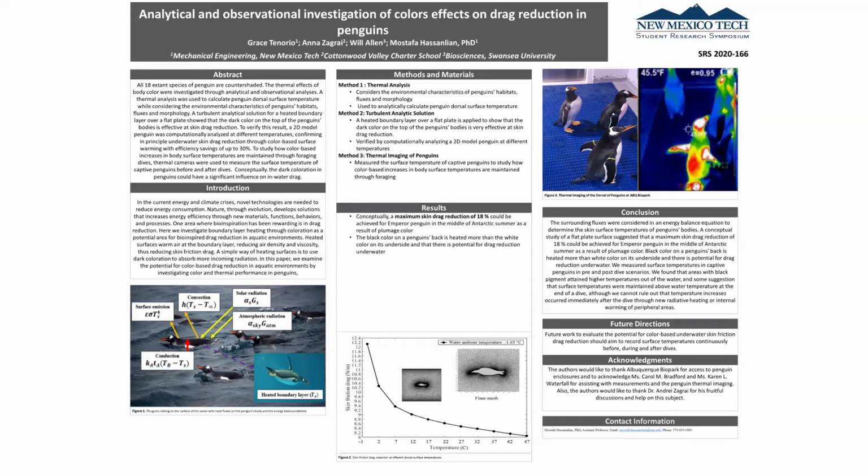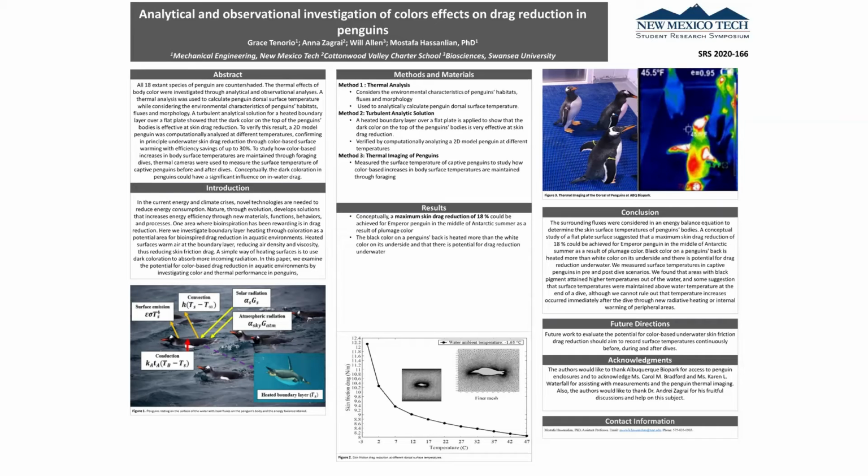So we looked at a 2D model of a penguin in COMSOL at different temperatures to verify that there was drag reduction because of color. And then lastly, we went to the Albuquerque Biopark and we measured the surface temperatures of captive penguins to study if there was any increase in body surface temperature after they dived.